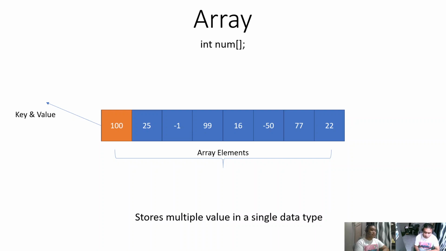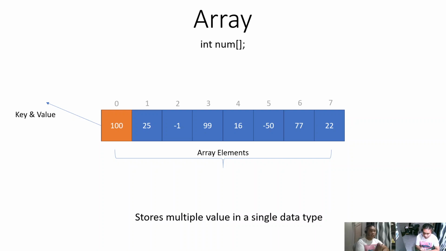The key is the one that we cannot see, but we know it as programmers. Every element has a key and it should start with 0. The one that is in the box is what we call the value.